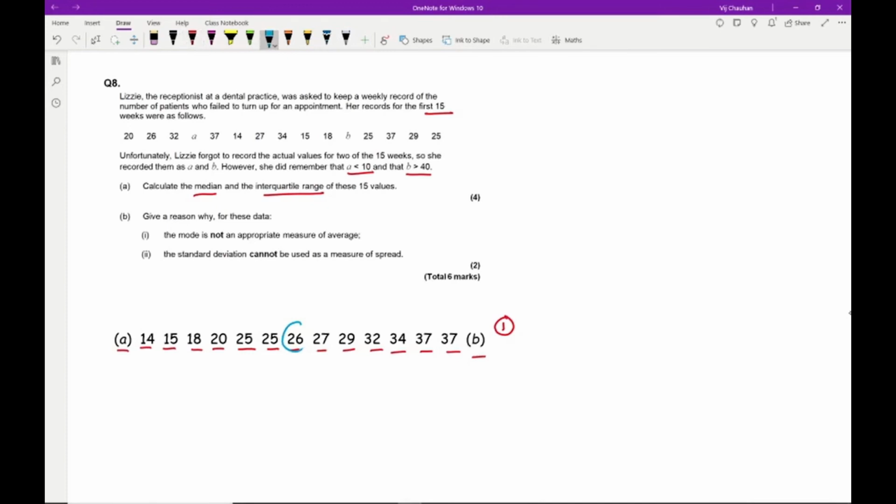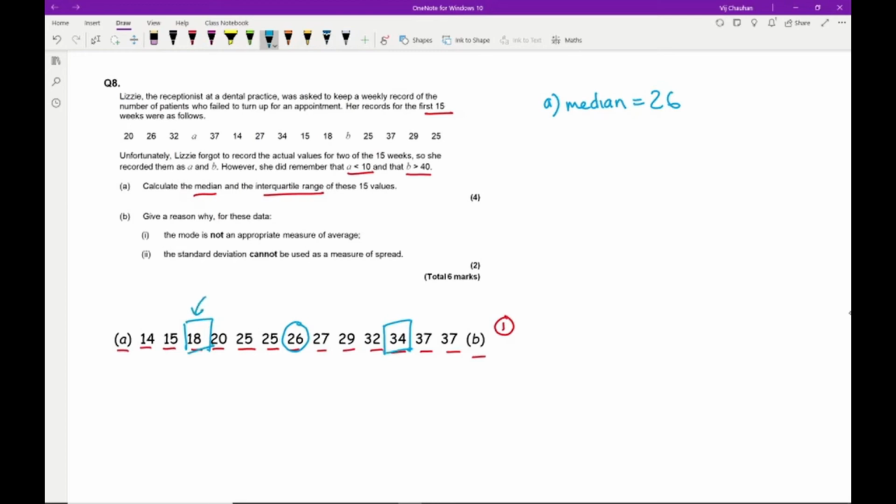Our median value is the middle number, so here the median equals 26. Then for the interquartile range, if I find the middle number between these numbers, here I've got 18, and I end up with 34 as my upper quartile.